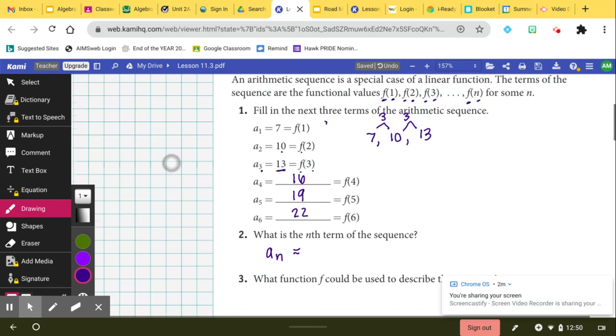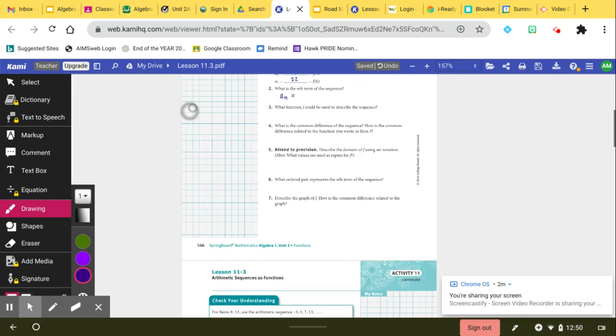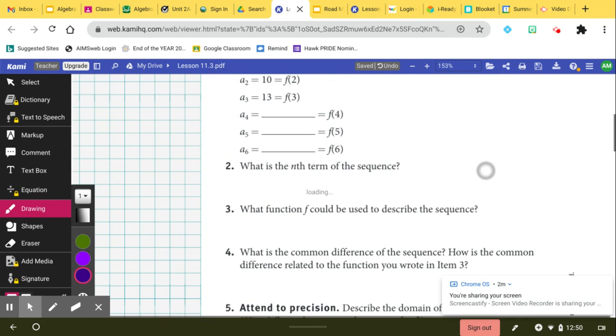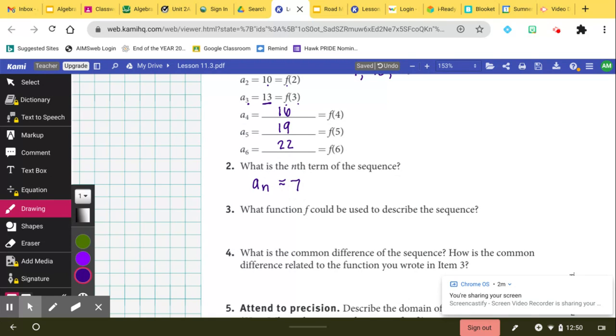So remember my explicit formula: a sub n is equal to the first term, so 7, plus my common difference, which was 3, times n minus 1. And then it says what function f could be used to describe the sequence. So really it just wants it in function notation. So f of n is equal to 7 plus 3 times n minus 1. And again, you can use the distributive property to rewrite this as 4 plus 3n.